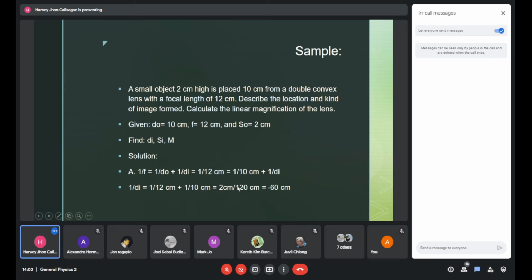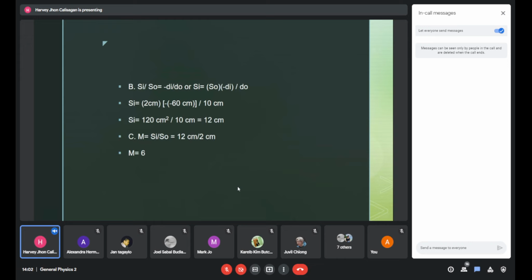Okay? So, next, our B. We have to look for the size of the image. The same thing that we did with the mirror, no? Substitute the given values because we need to derive a new formula coming from SI over SO is equals to negative DI over DO. So, by deriving a new formula, we have SI is equals to SO times negative DI divided by DO.